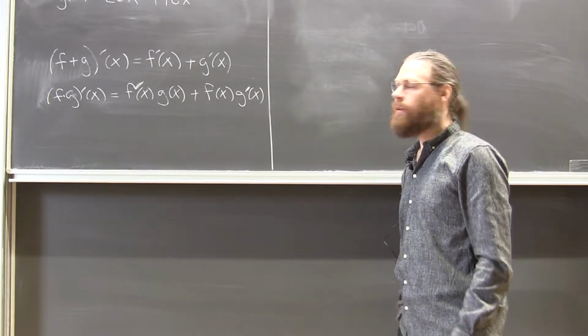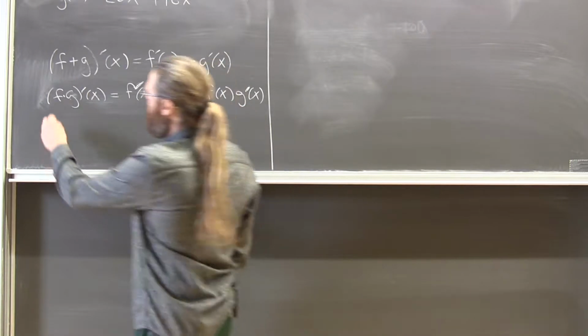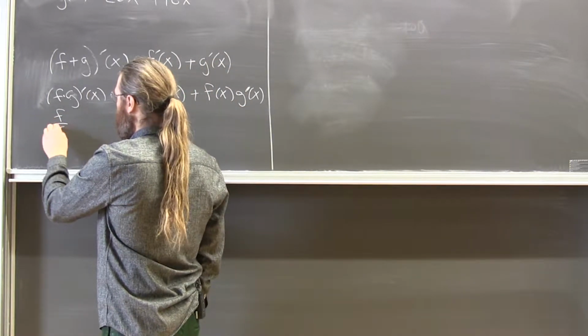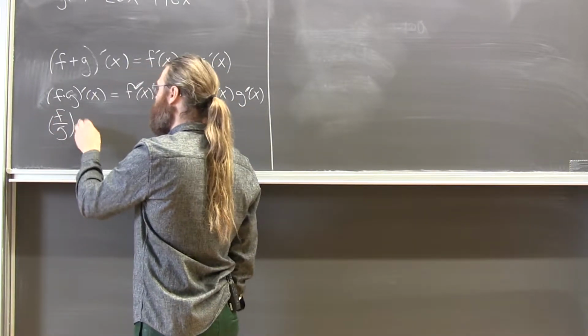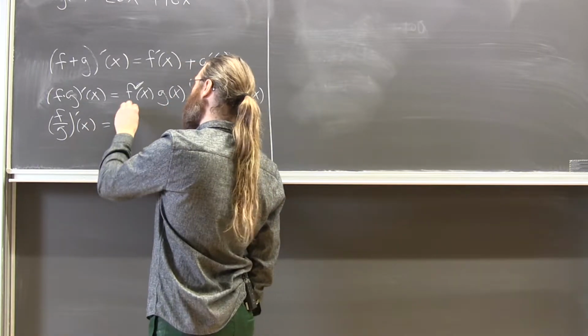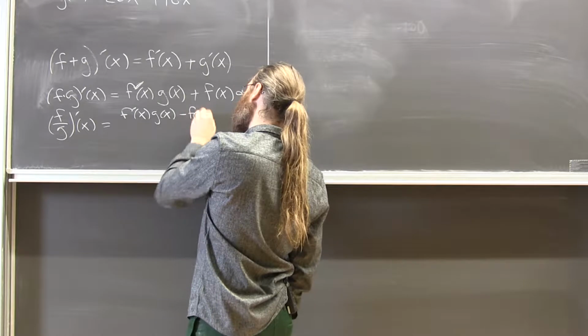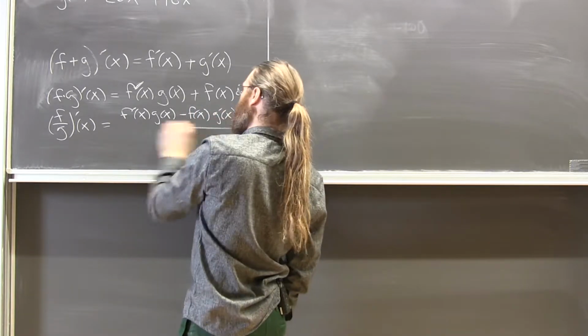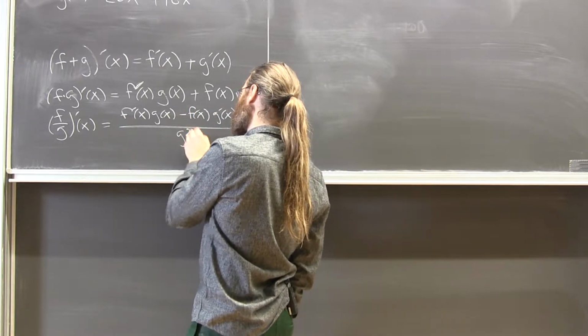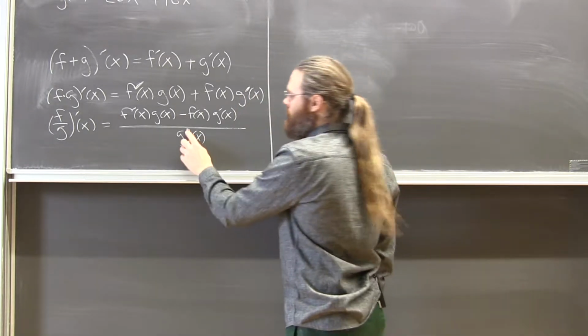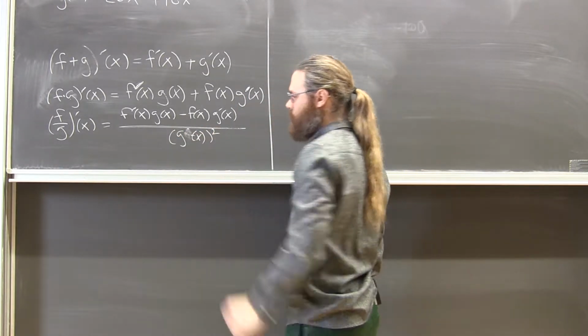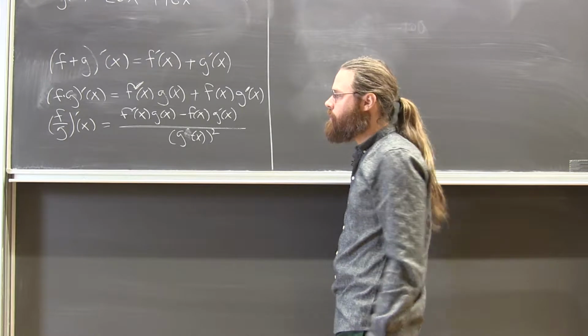Then we had the fraction of two functions. The derivative of this was f prime of x, g of x minus f of x, g prime of x over g squared of x, where g squared of x is the same as this. That's what we mean by this.